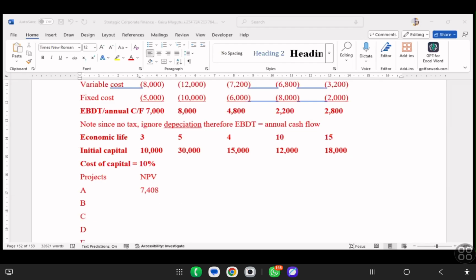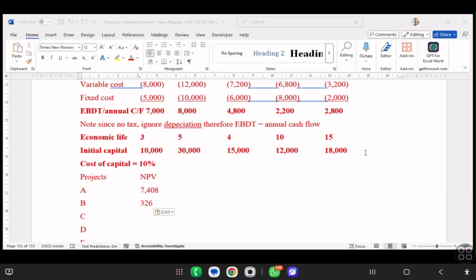I don't know whether it is correct. For C, how much is the NPV for C?